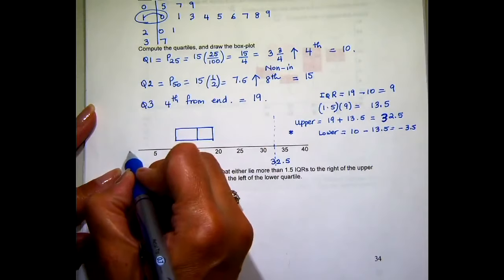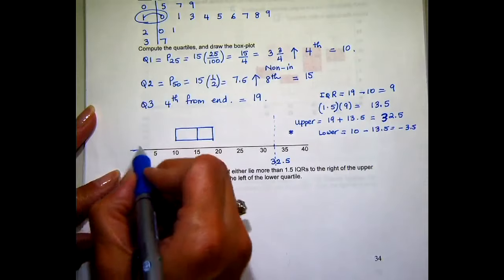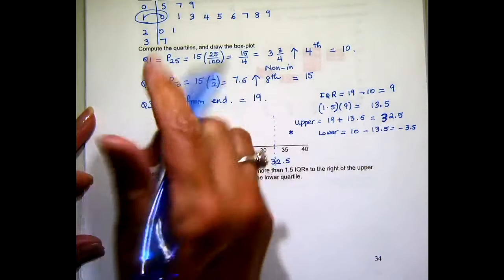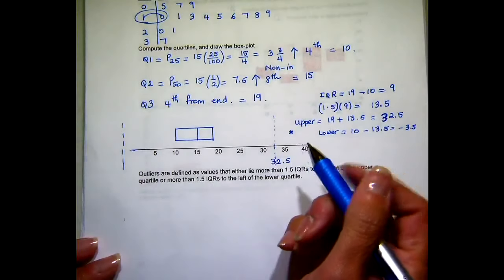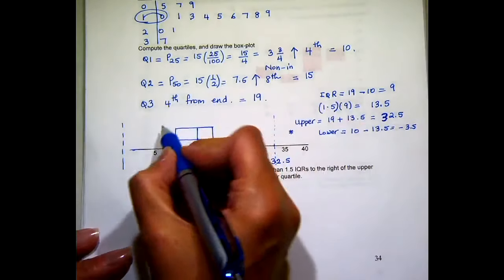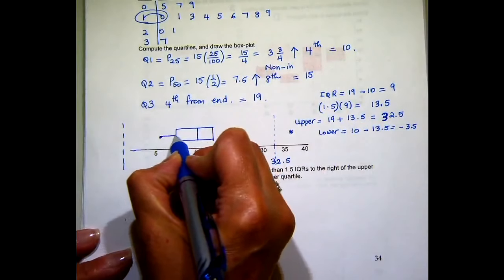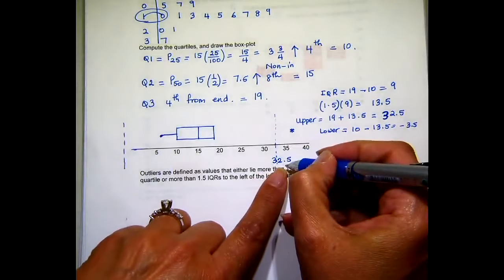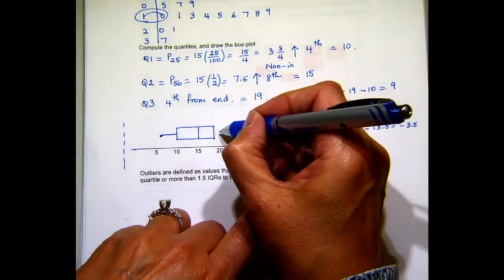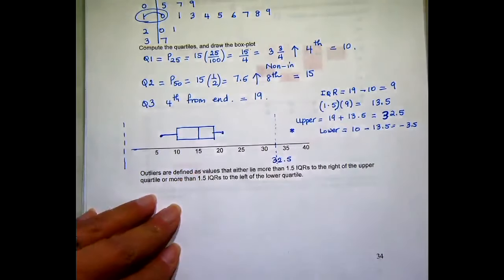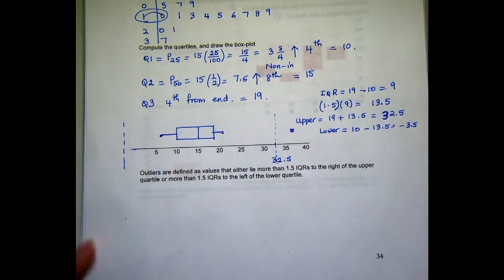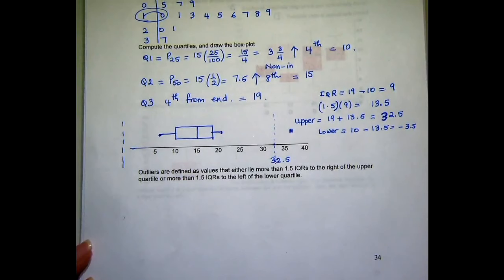So that would be somewhere here. And there's nothing on that side. So the minimum value is 0.7. And the maximum within the fence is 21. So here is the modified box plot for this picture. Does that make sense to you? Okay.